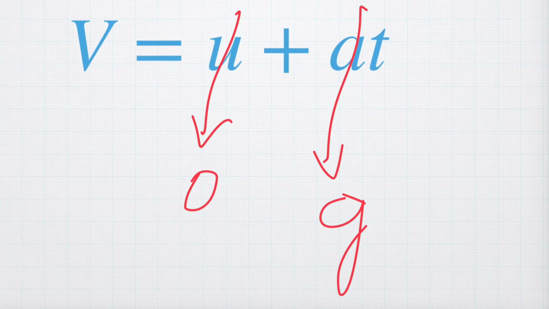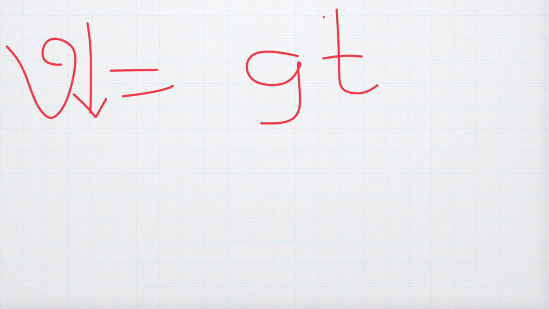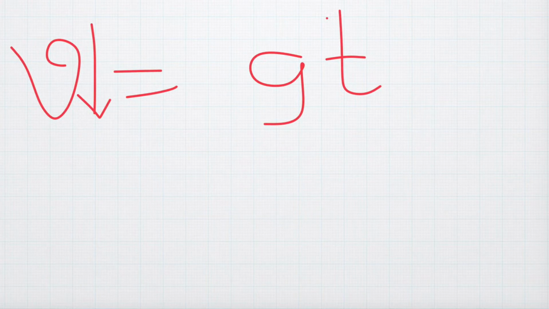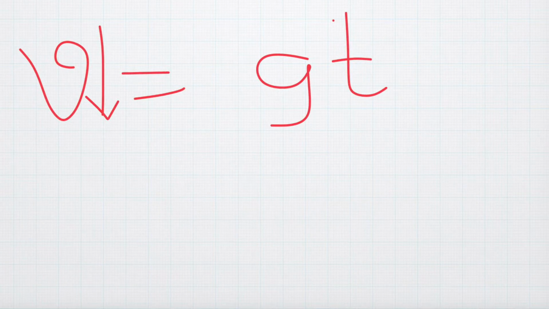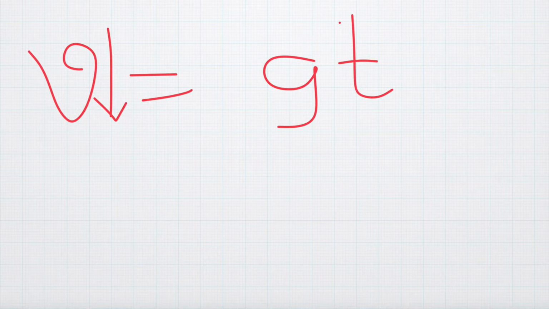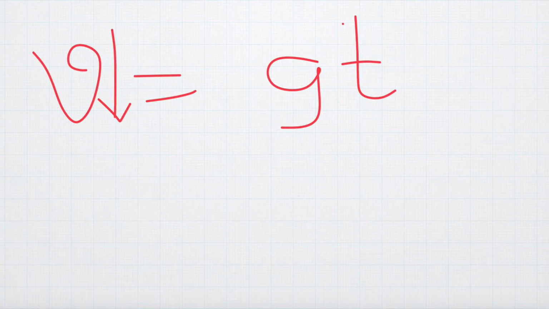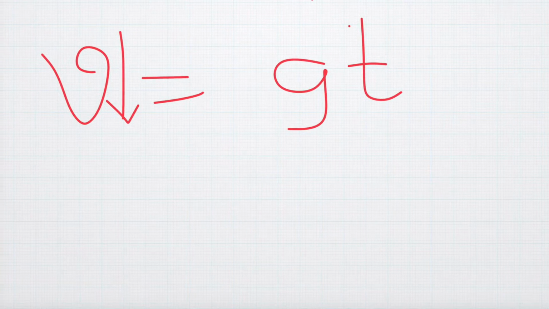That center of gravity of the spring is always exactly at the middle of the instantaneous length of the spring. So the center of gravity will move with a velocity V equal to gt, where t is the time, g is the acceleration due to gravity.